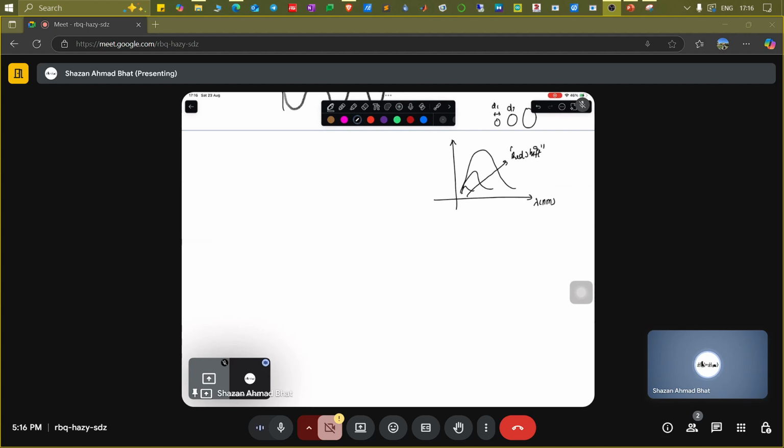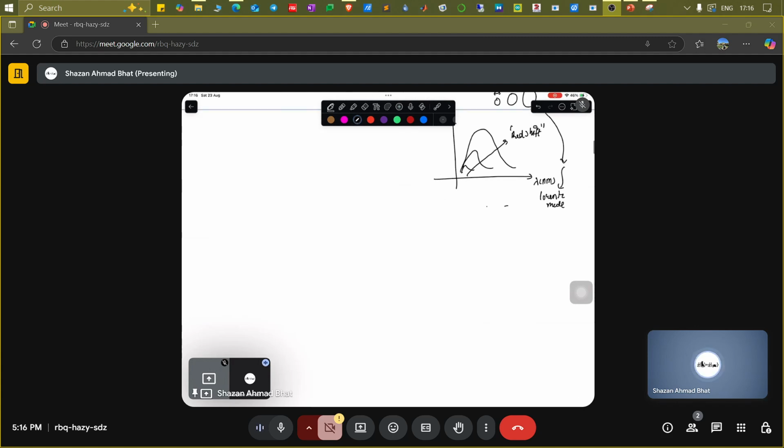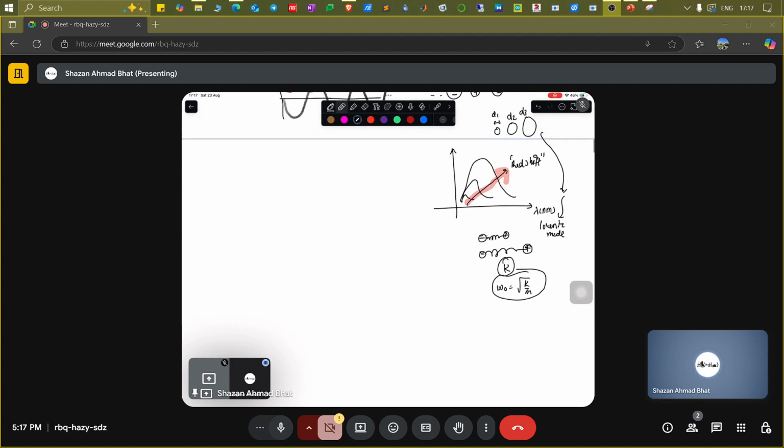Let's say this is D1, this is D2, this is D3, and this could be explained using the simple Lorentz model, a spring mass system, where you have some positive charge and some negative charge connected by springs, with different spring constants. As a result, if you have different spring constants, your resonance frequency is going to be different. And you saw that there is a red shift in the frequency in this particular scenario.